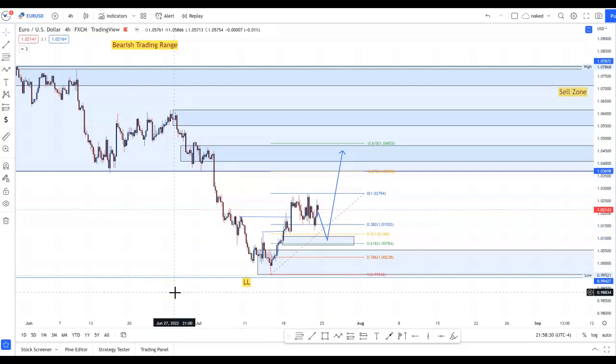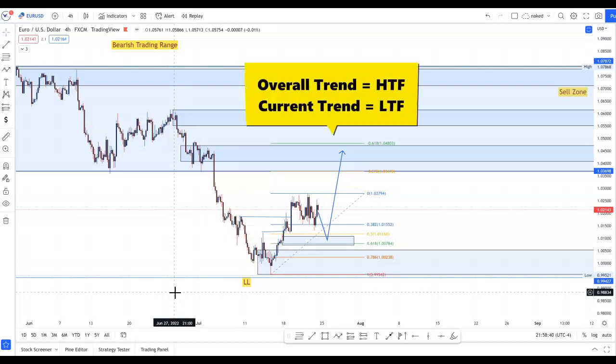So that's how you find your daily directional bias. It's by using market structure, your higher time frame trend, which is the daily, and your current trend. I'm sorry, the overall trend is the daily time frame, the higher time frame trend, and your current trend is a lower time frame trend, which is the 4-hour.